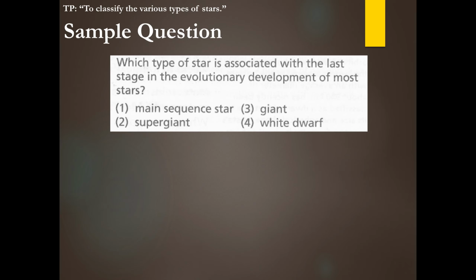All right, sample question. Which type of star is associated with the last stage in the evolutionary development of most stars? So most stars on that sequence, the very last stage. You can actually refer back to page 15.